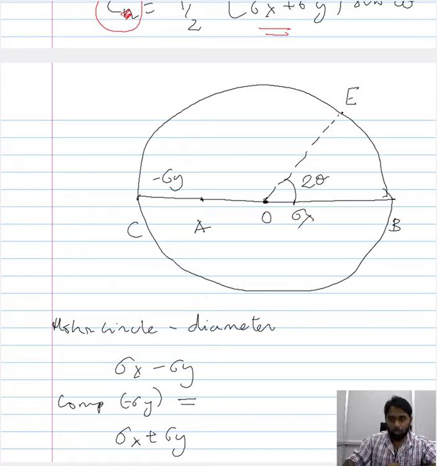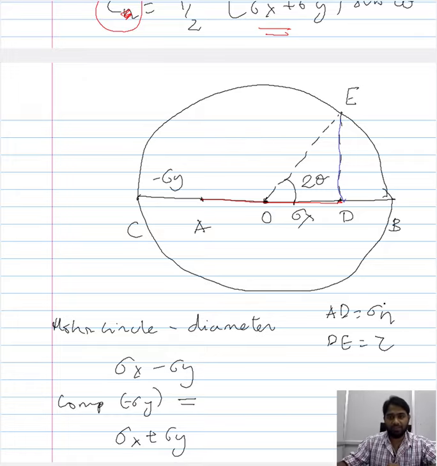Now when you drop a perpendicular, this perpendicular will meet the diameter at D, and we saw that AD and DE are the segments that we need to consider. We need to quantify them, because AD would correspond to the normal component of stress and DE would correspond to the shear component of stress.